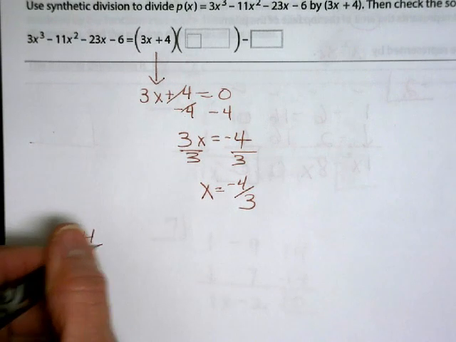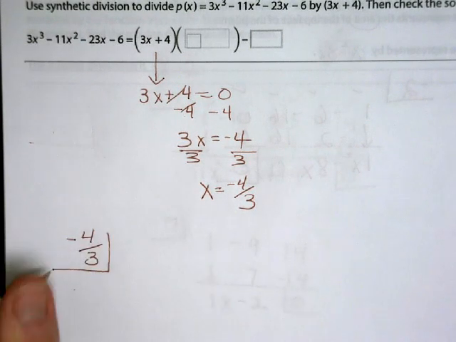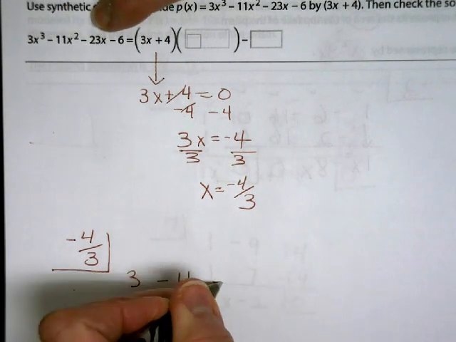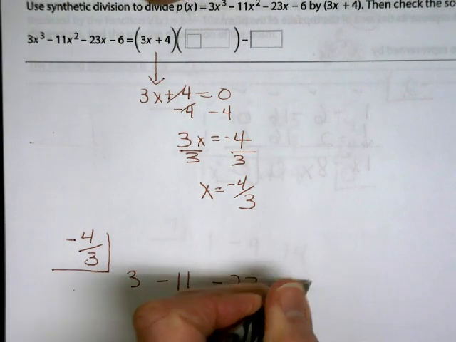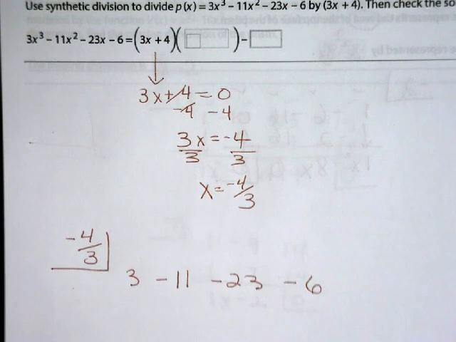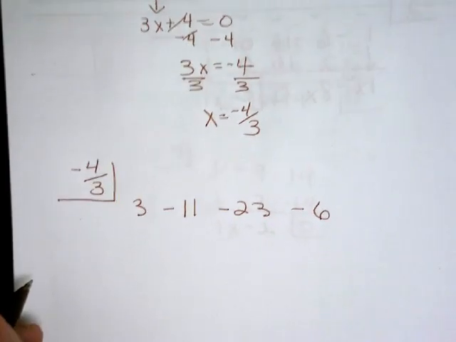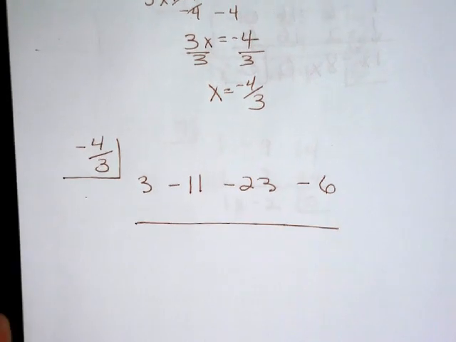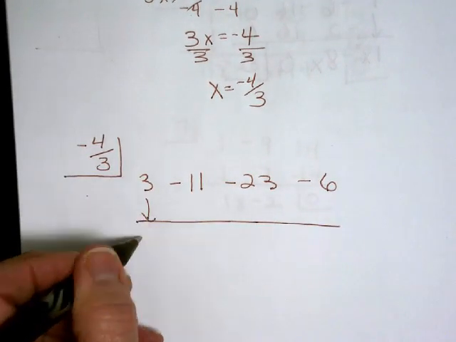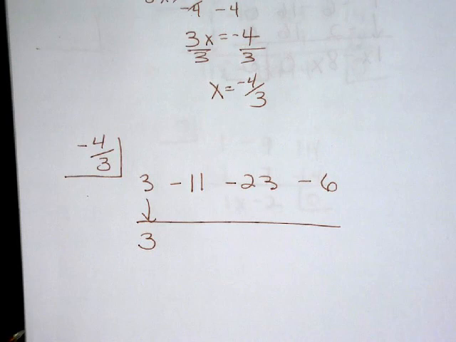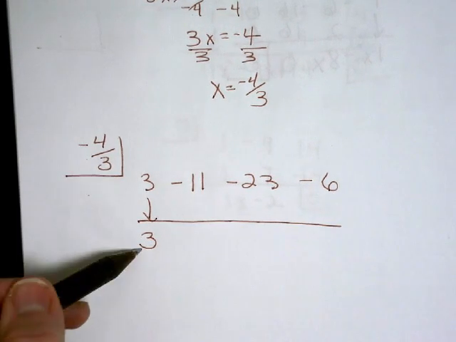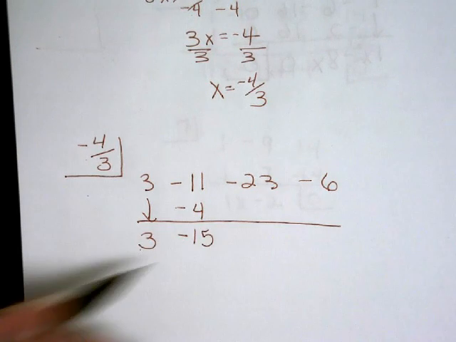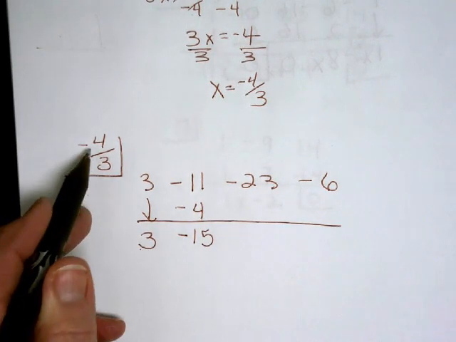Yikes. But thankfully, since we're synthetically dividing, we'll just be multiplying things. You can take -4/3 times anything. I have a 3, a -11, -23, and -6. It's a power of 3. I have 4 values, so I'm ready to play the game. -4/3 times 3 is -4.